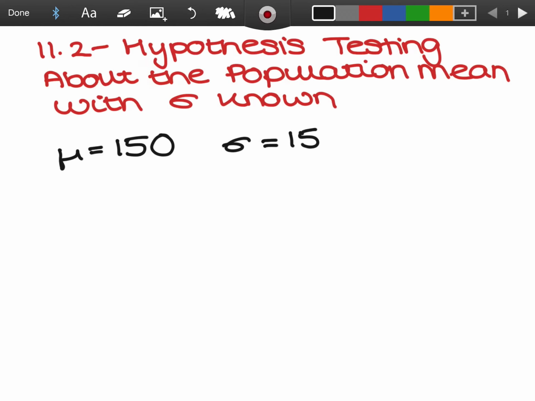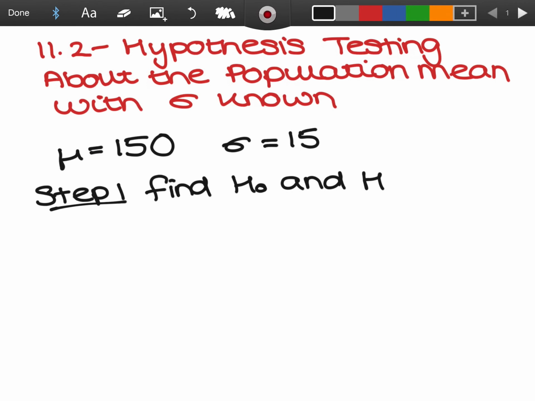We always do this. So, for step one, we're going to find H0 and HA. We want to find our null and alternative hypothesis. Now remember, the null hypothesis always states that the mean in this case, or the population proportion, but in this case we're looking at means.